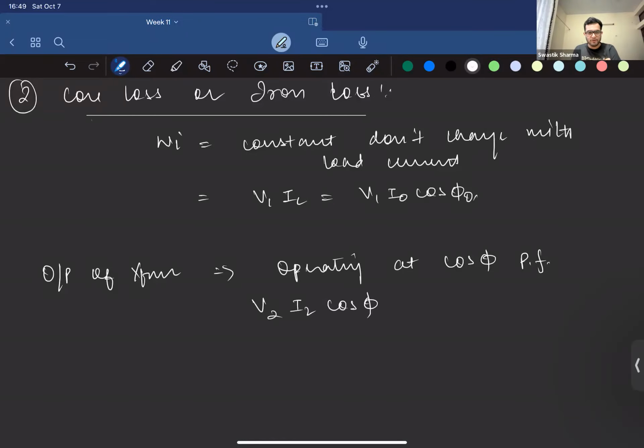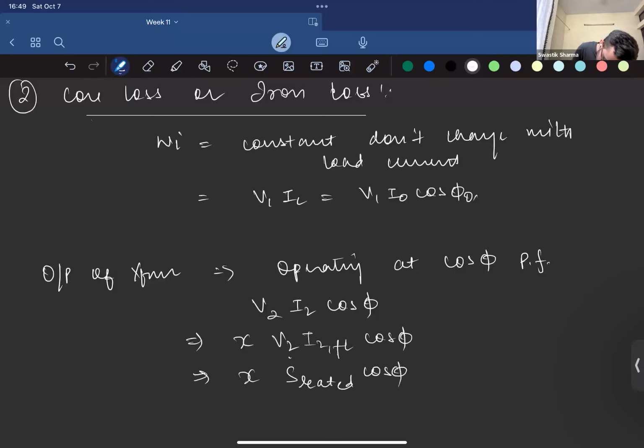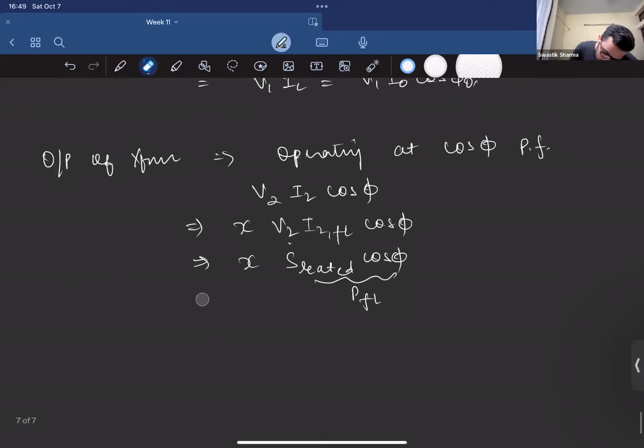That's how its output is going to look like. Let's say this I2 is not that full load value. So how would we write it? We can represent it as V2 times I2 full load times cos phi, where this V2 times I2 full load is the full load or the rated value of the transformer. Always remember, right?